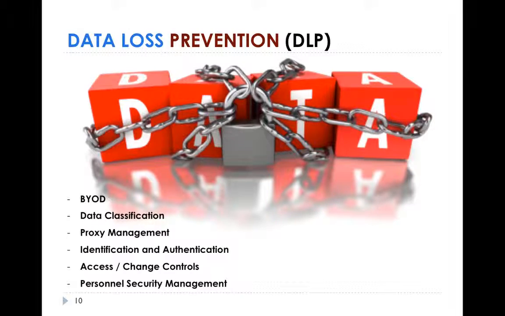We need to control all changes and access to the data to ensure data is accessed the right way. Okay, and the last one is personnel security management. This is related to the HR function, where HR needs to screen staff for external factors during the employment period.